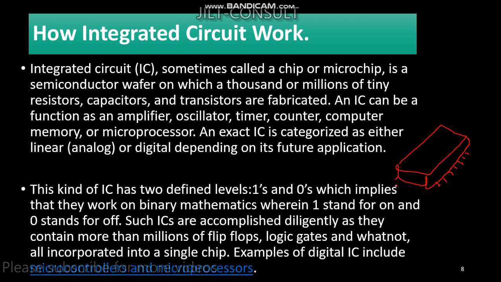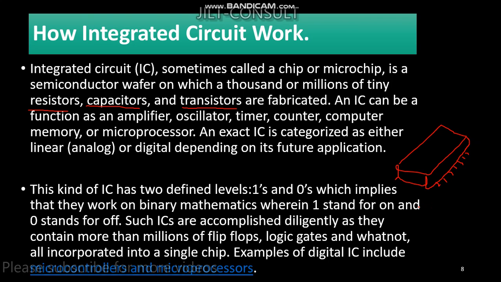You've seen it like this. The IC is very powerful, and transistors, which we spoke about, are also parts of the IC. So these are the things that make up the IC. You have resistors, capacitors, and transistors, fabricated together to make the IC.